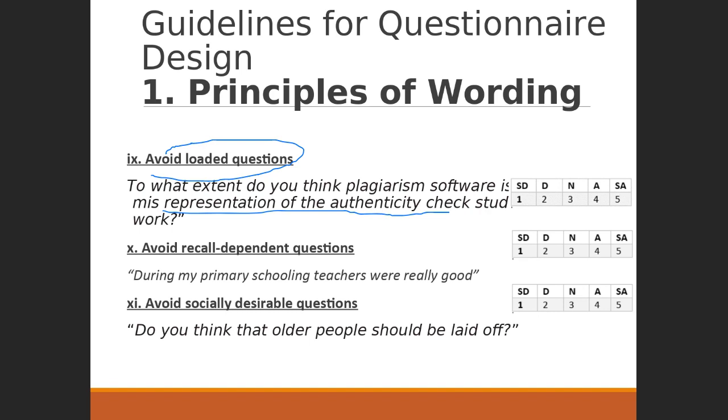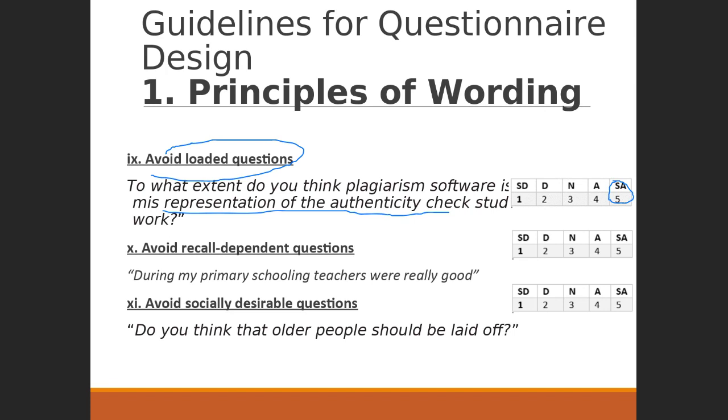Now, this is a loaded question, because the words gross misrepresentation and student's hard work are emotionally charged terms, and the question is written in such a way that you will be agreeing with this, because I know how much all of you dislike the plagiarism software. So it is a loaded question.